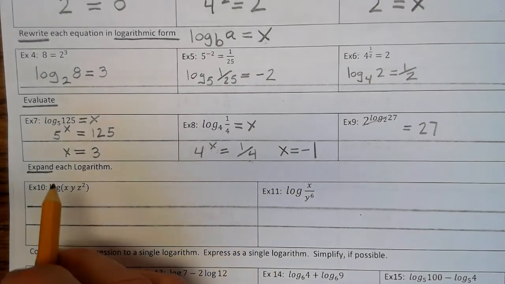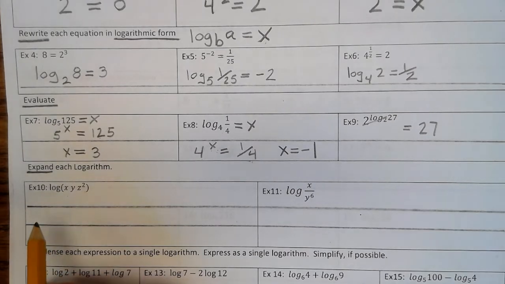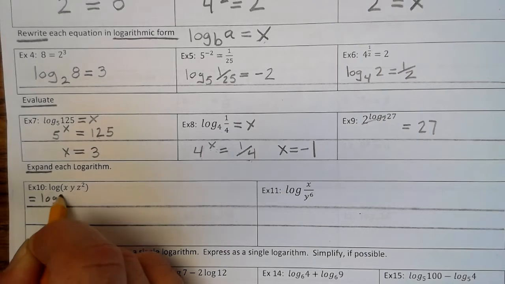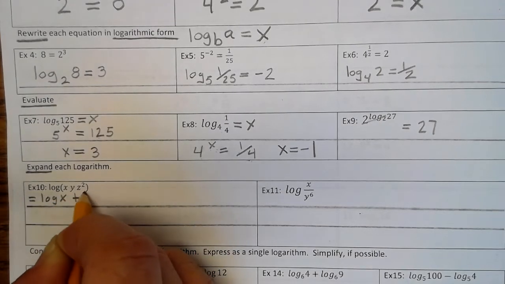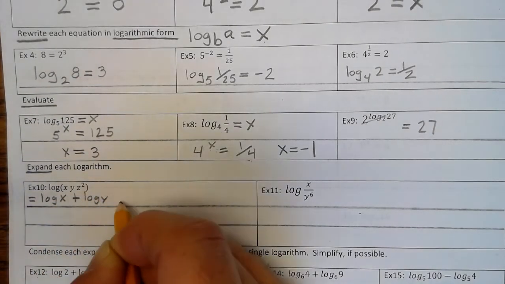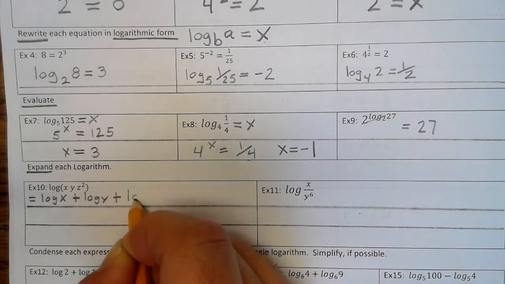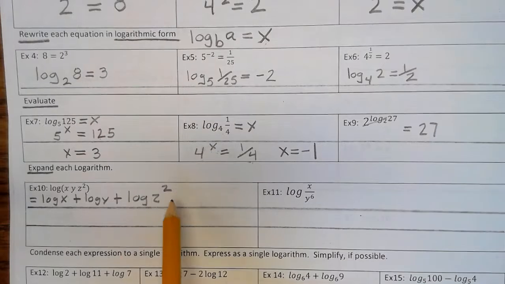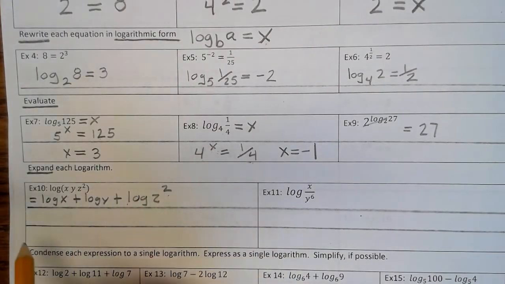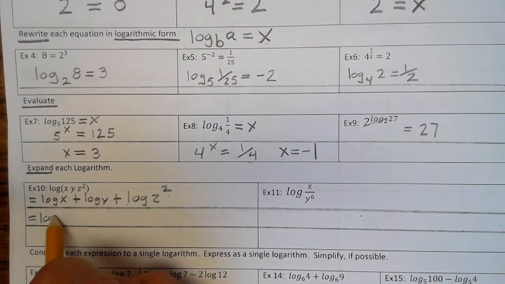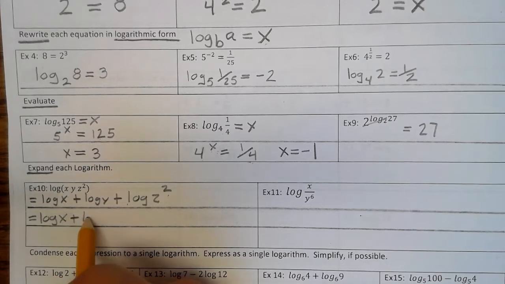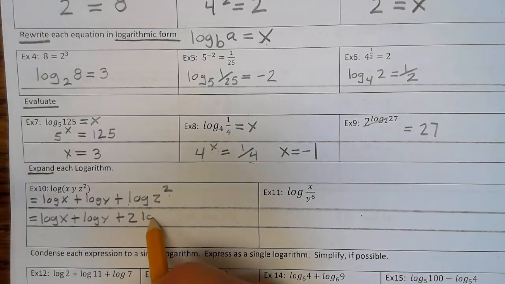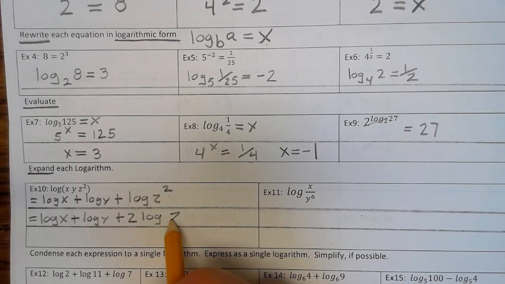So we can first start by writing this as log of x plus log of y plus log of z to the second power. But we need to move the 2 to the front, so then that's log of x plus log of y plus 2 times a log of z.